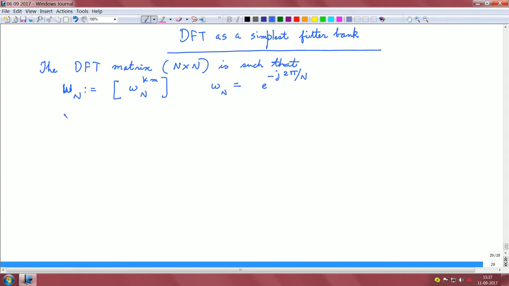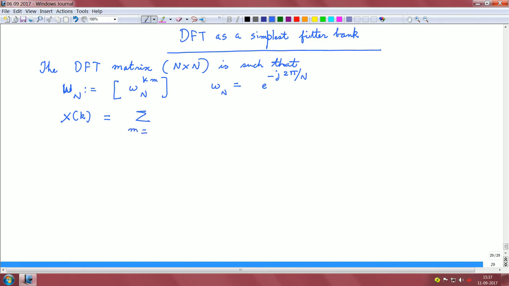Now the time domain samples can be transformed into the frequency domain using the discrete Fourier transform, and I will recall it.